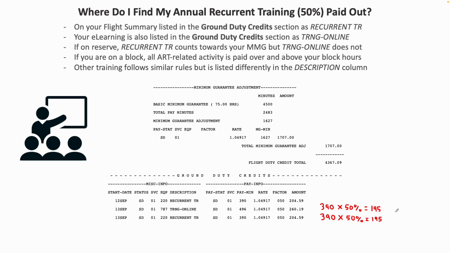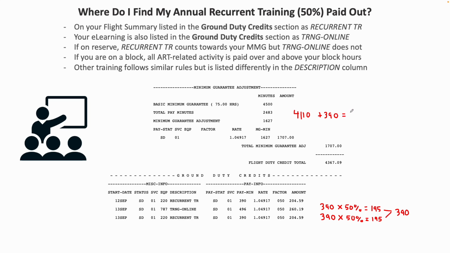When we add both of these together, it gets us right back to 390. And that was the exact amount of time that was missing in the 4,110 minutes. And we add those together.